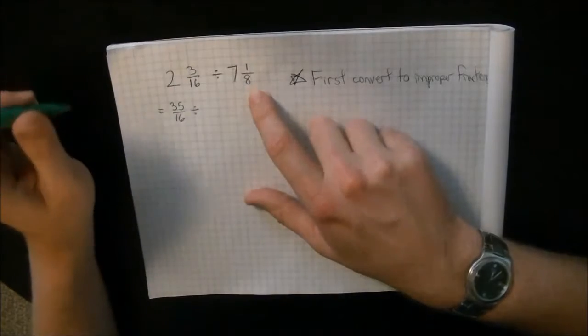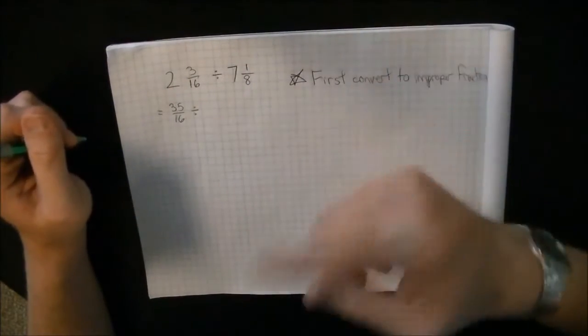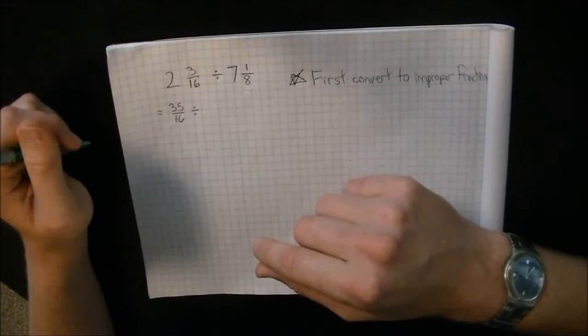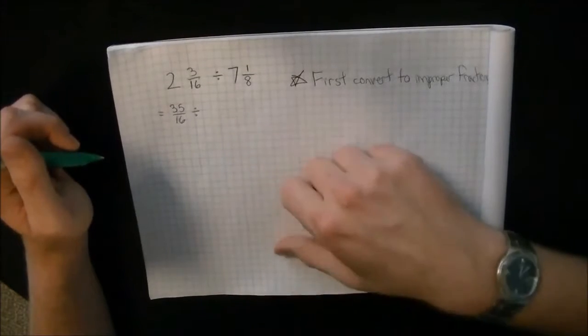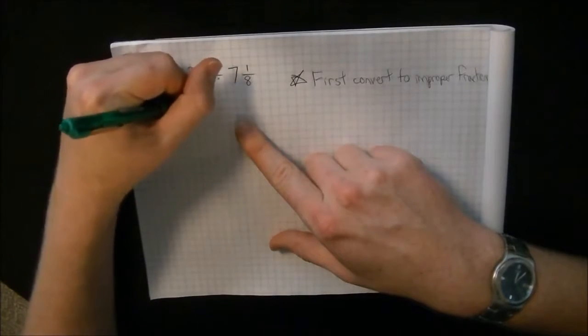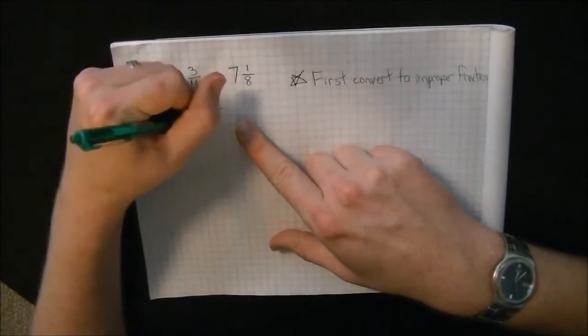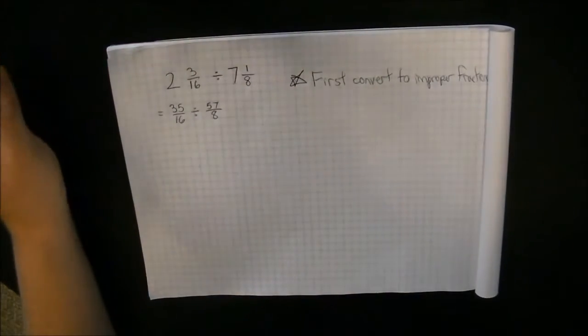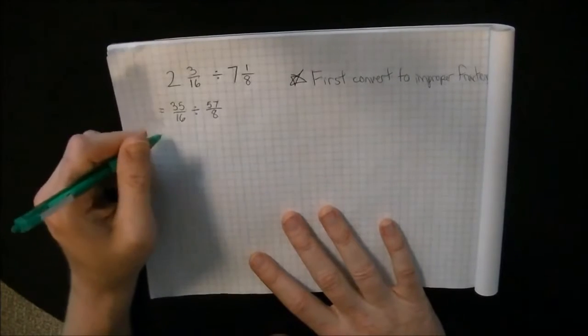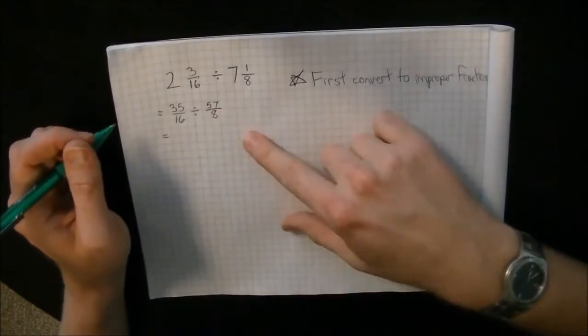Well, 8 times 8 is 64, subtract 8 gets me to 56, plus 1 is 57, divided by 8. Okay, cool. So now we're going to do the division.